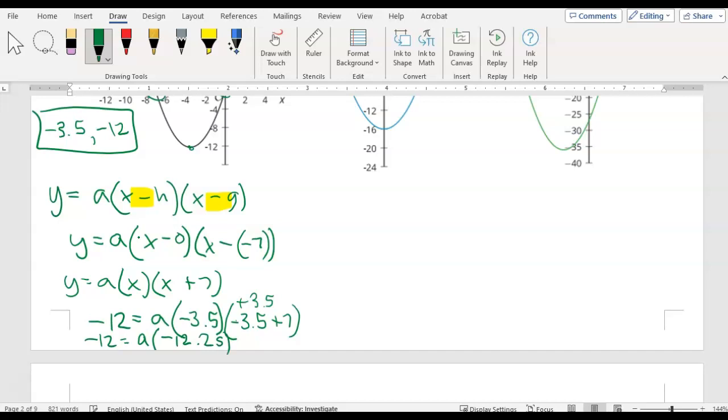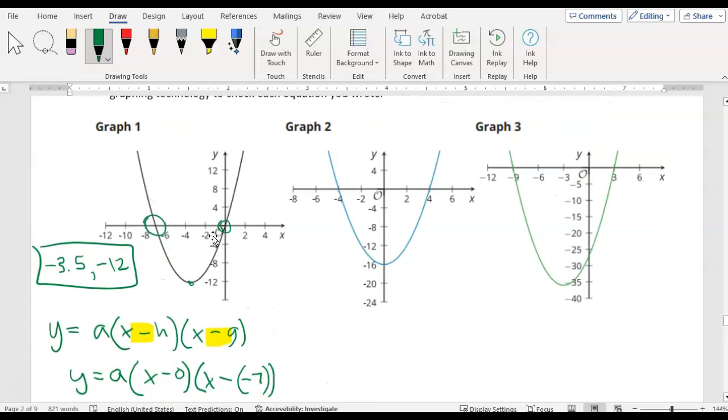And so then we'll divide 12 by 12.25, and we're going to get a very strange number here. So a equals 0.979.